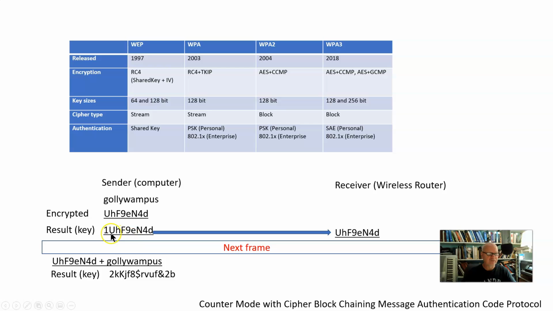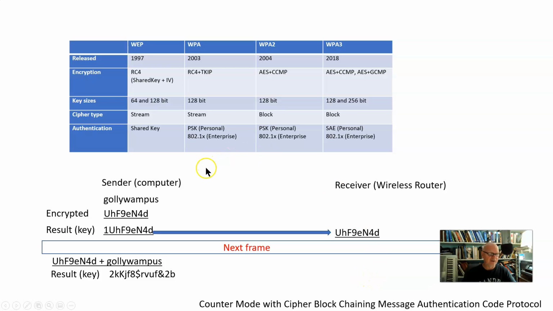Now that's fine for the first frame, but for the second frame we're going to do something very interesting. We're going to take the output from the first frame and then encrypt that along with gollywampus here to get yet another key, and now we have a 2 in front of it. We have a counter going, and then we would send that across and use that.